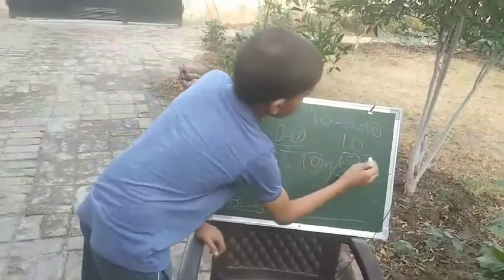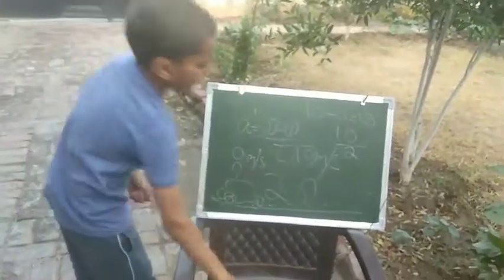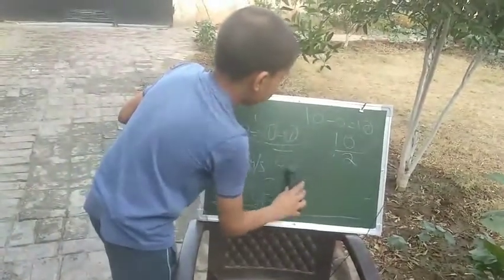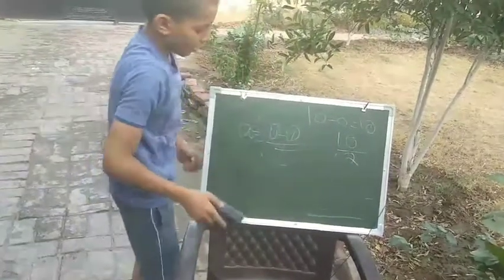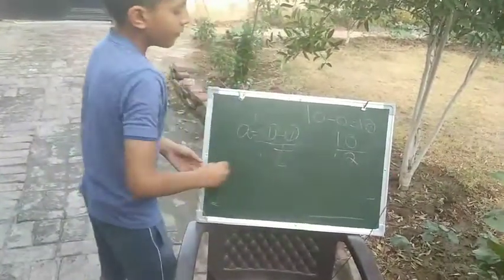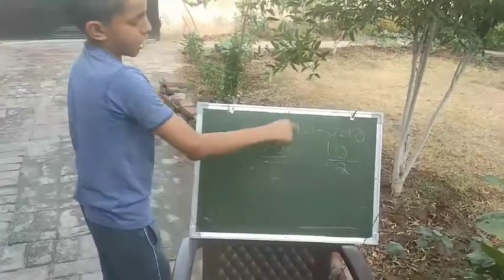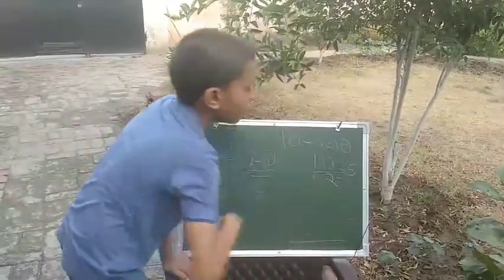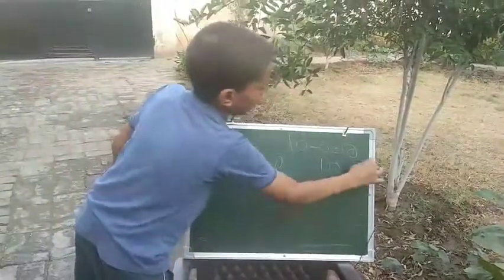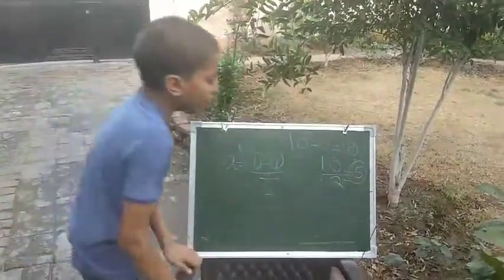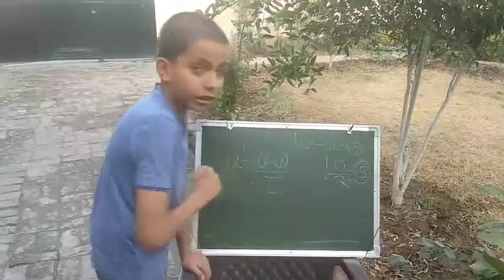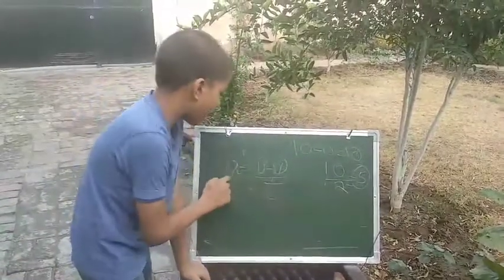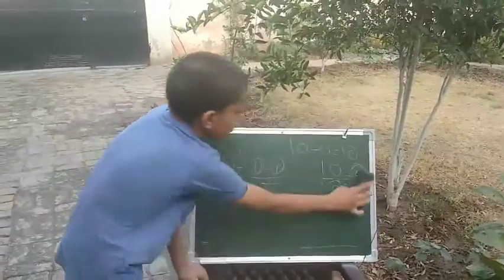So 10 divided by 2, same as the formula, is 5. So 5 is our answer. Okay, 5 is our acceleration, average acceleration. A means average acceleration.